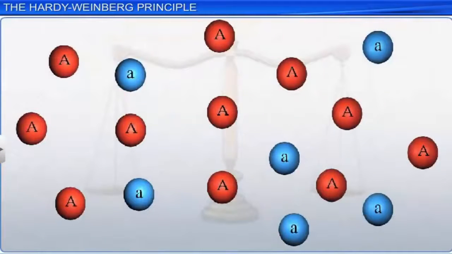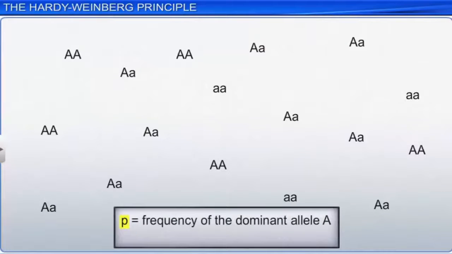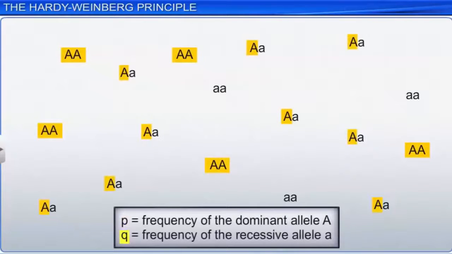Let us name some individual frequencies as p and q. In a diploid individual, p represents the frequency of the dominant allele capital A, while q represents the frequency of the recessive allele small a.